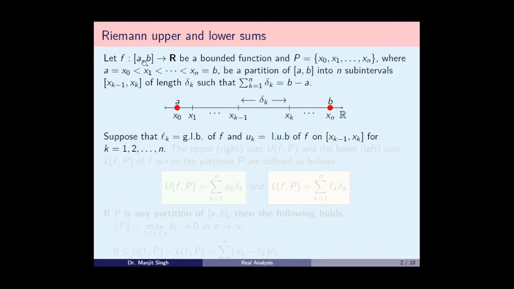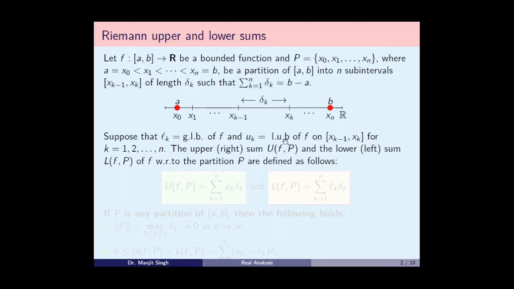Since the function is bounded in this closed interval AB, it will be bounded in every subinterval of AB, and therefore we can assign the greatest lower bound and least upper bound of the function in these subintervals also.